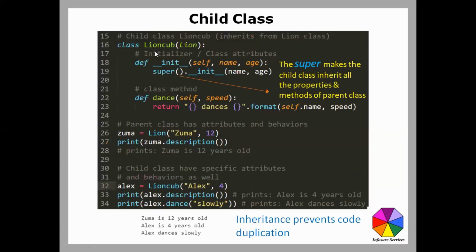Here is an example. The child class is lion cub, and lion is the parent class. He can have his own properties. So Alex can't hunt, he can dance. So you can define your own methods here.